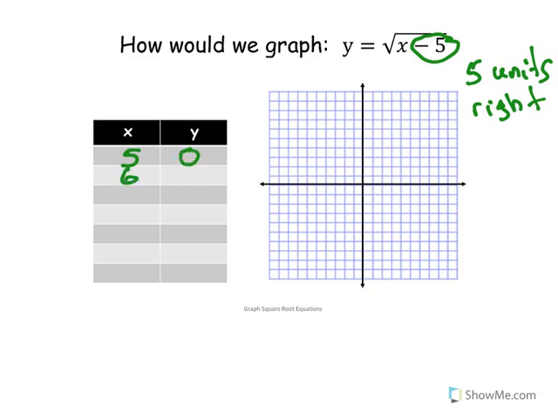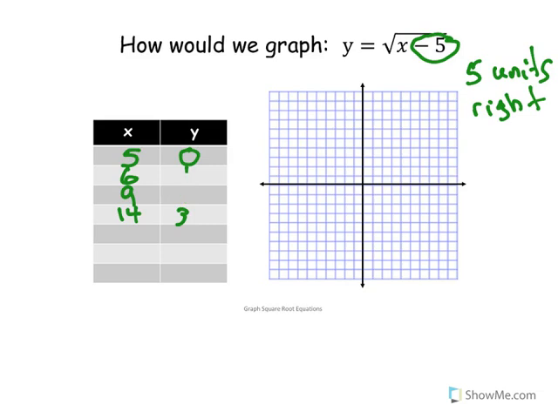Then I'm going to jump to 6, which is going to give me 1. Then I'm going to jump to 9, which is going to give me 4. And once again, guys, you can see this in your calculators if you'd like, but hopefully it's catching on. That might even be faster just to do it by hand. And the next one that we're going to use is going to be, what, 14?